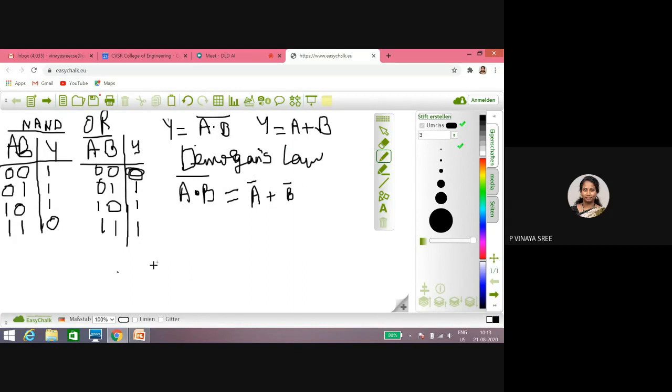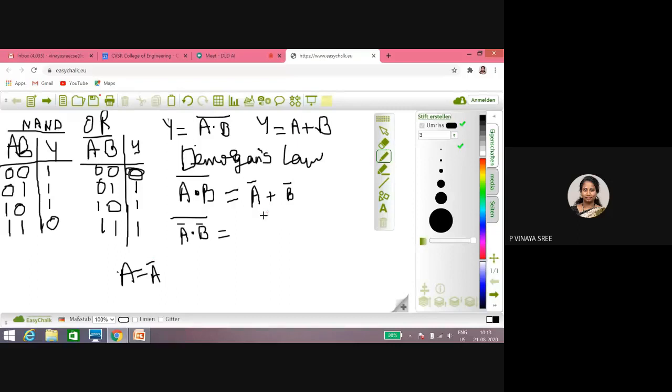So for that, what we have to do is A complement into B complement whole complement equals to, if you can understand this, drawing the representation in the symbol way is very easy, ma. Now what is A in this place? A complement.